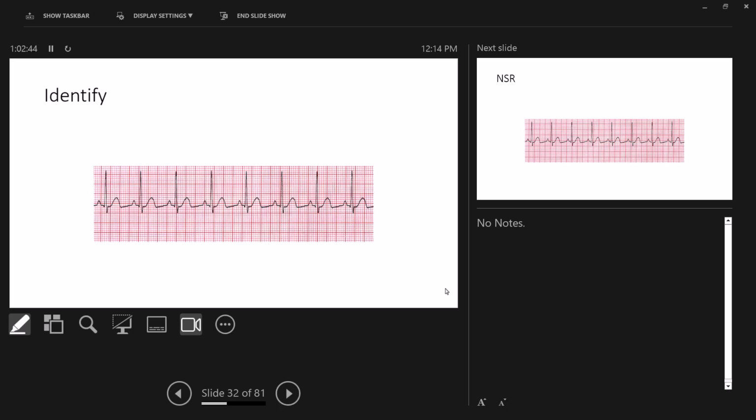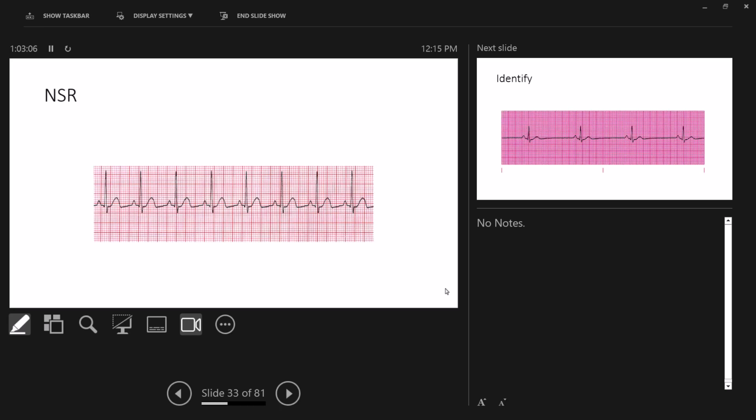Now, once you've identified it as normal or abnormal, you can tell me if the PR interval is regular, which means it is consistent, or if it's variable, all right? What about your QRSs? What is that? If everything's normal about it, it's got to be normal sinus rhythm. All right? Good.